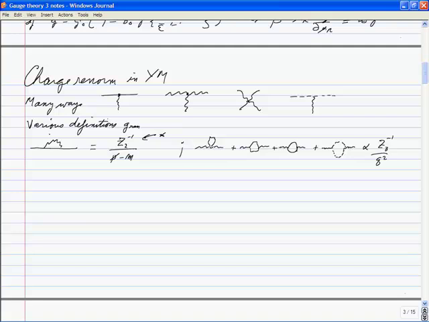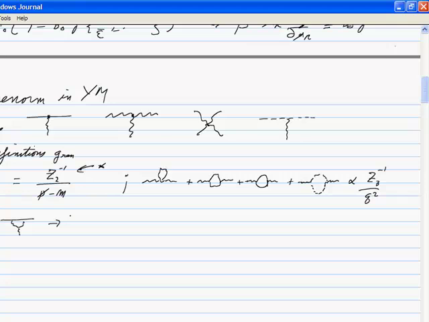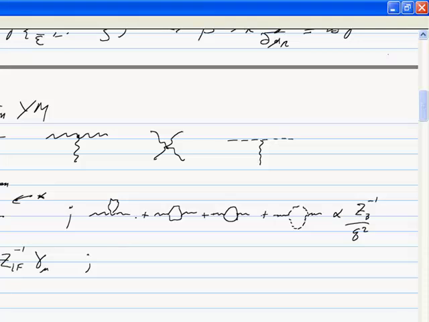There's a vertex renormalization which looks like that, plus that, where this is the vertex for the fermion. This goes like Z1, times gamma mu. So it's Z1 for a fermion. There's an equivalent one for a gluon.